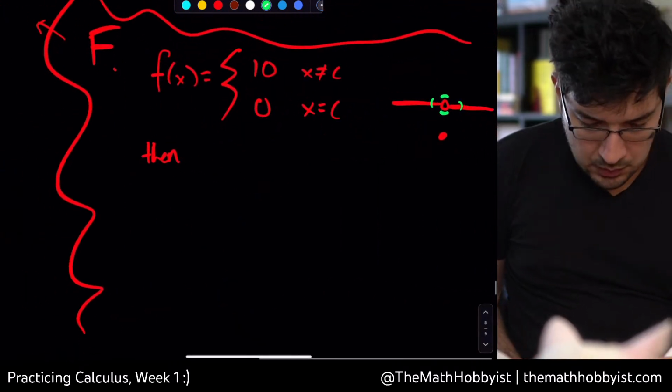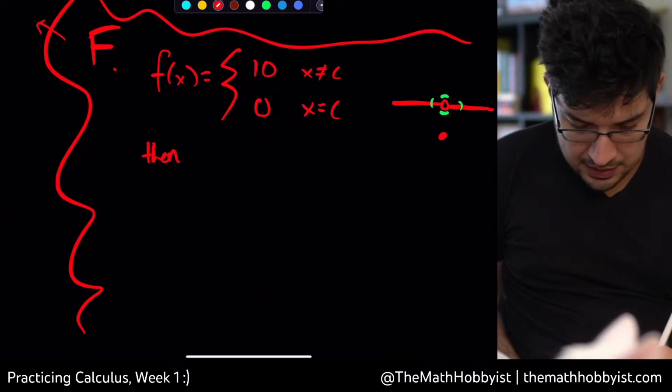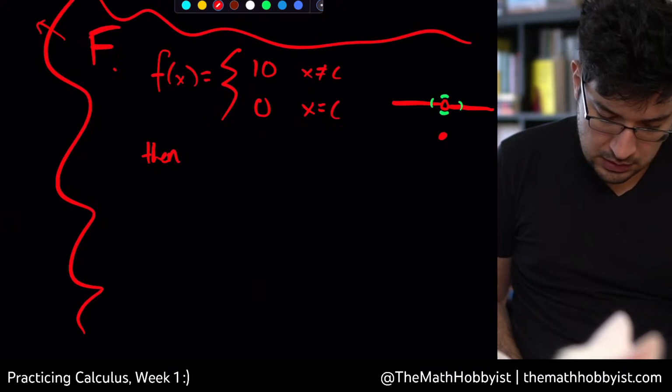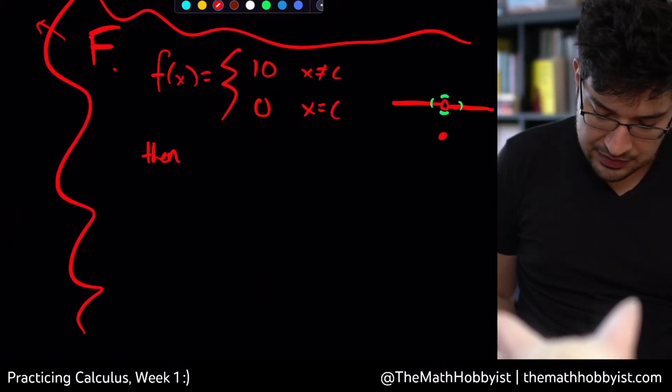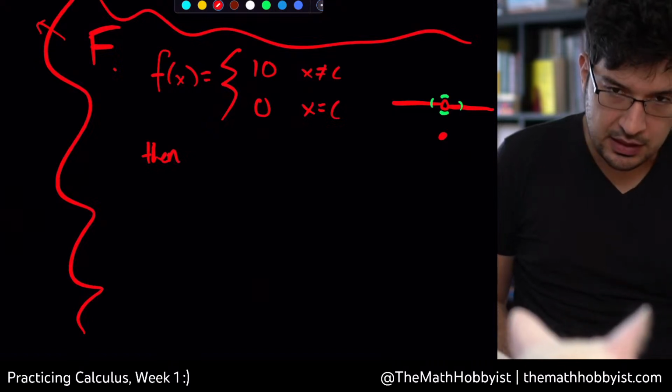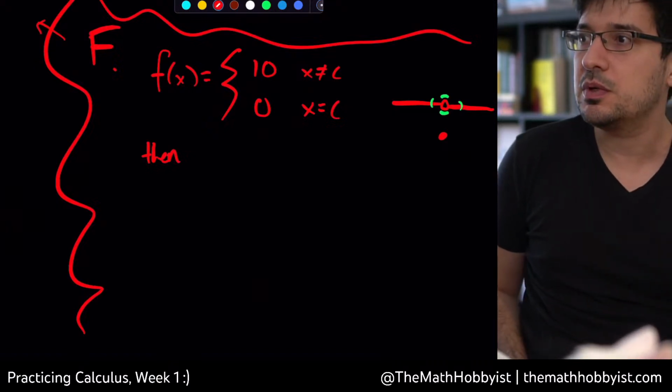I guess what I want to show is that as x tends to c, the limit of this function equals 10. And I want to show that it is true, what I'm writing down.